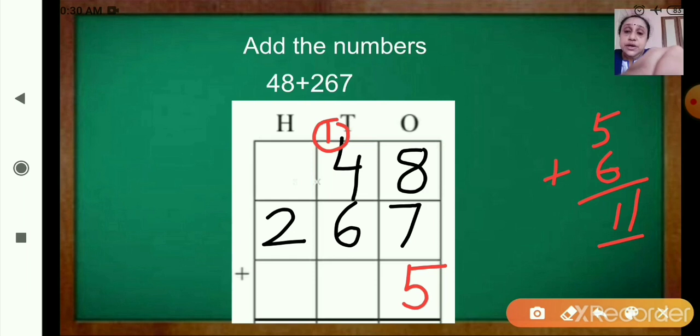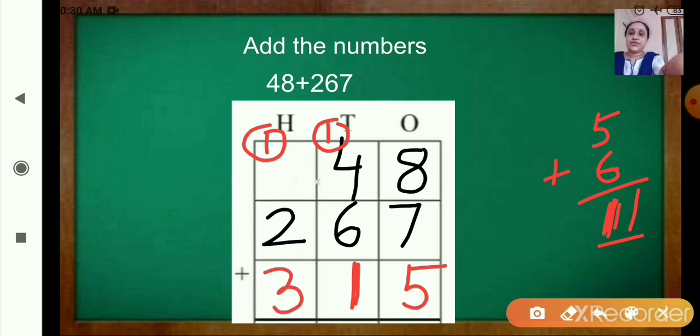11, which number? Here you will write this one, and this one in the tens place. This is again a 2-digit number, tens and ones. So this 1 will be carried over to the hundreds place. So 1 plus 2, 3.